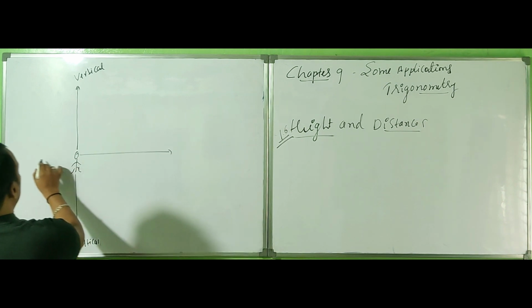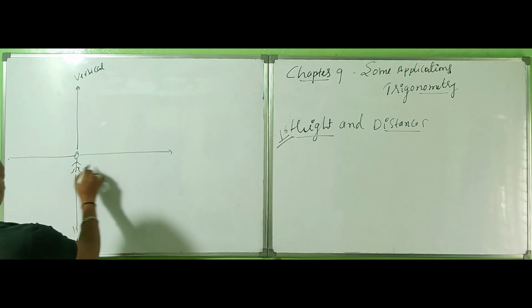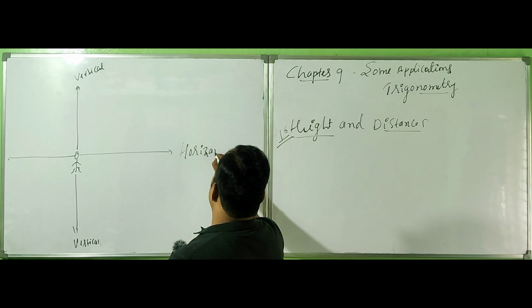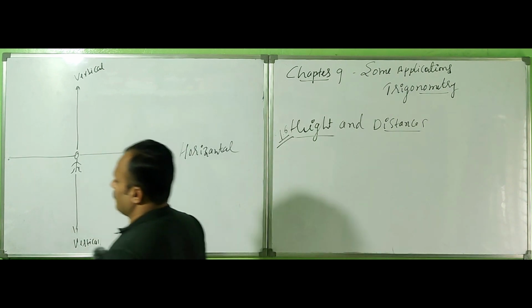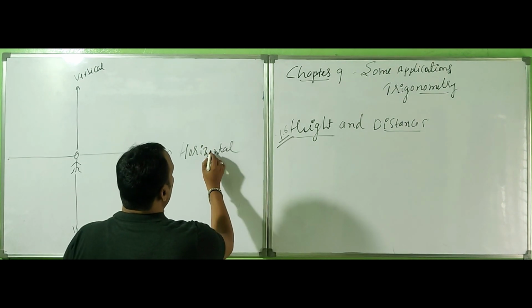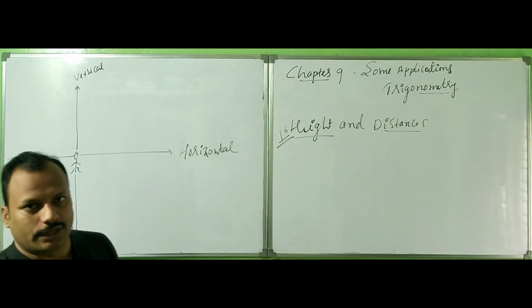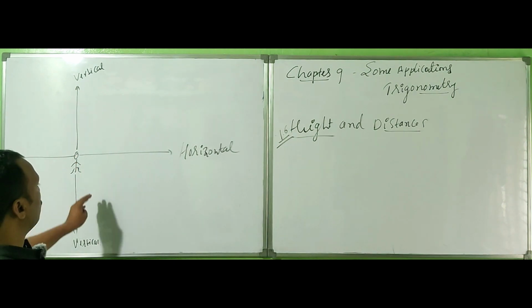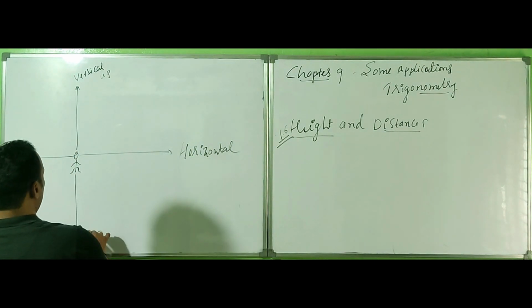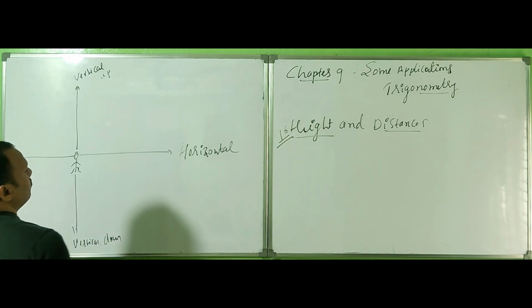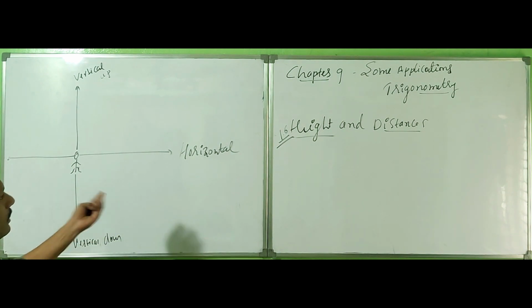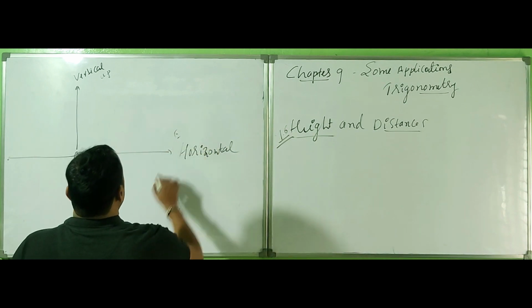The front and back, east and west, north and south sides are called horizontal.